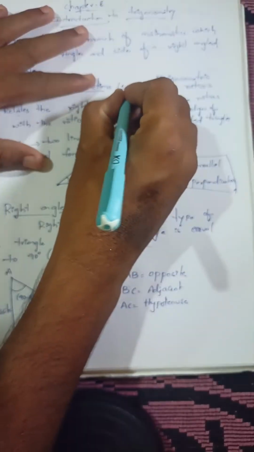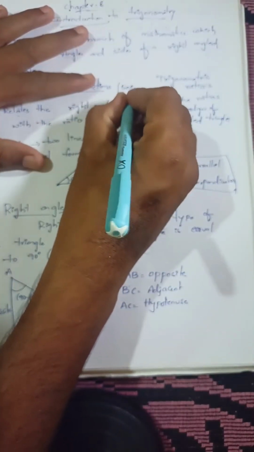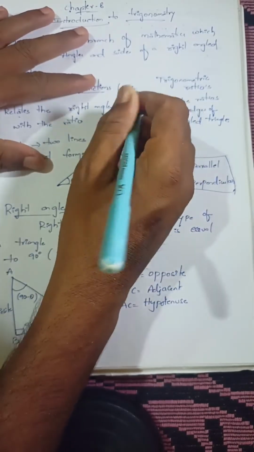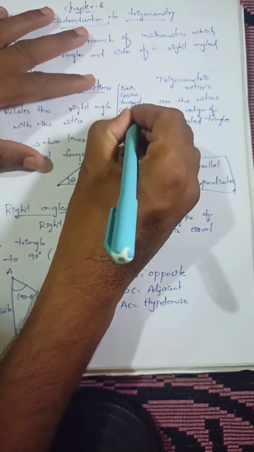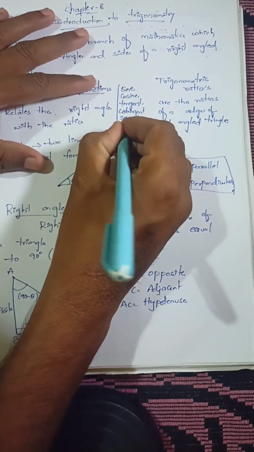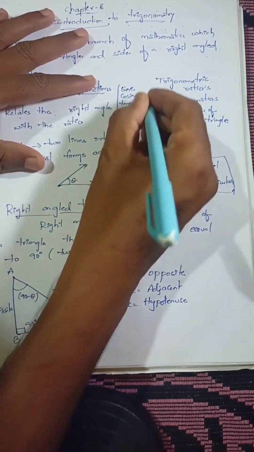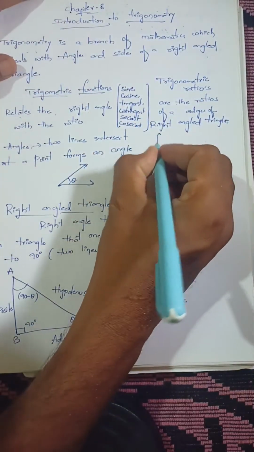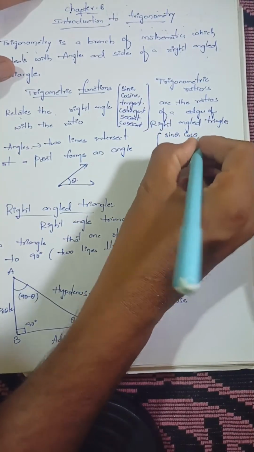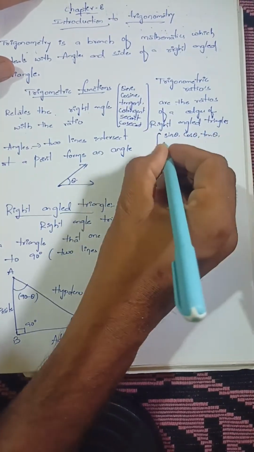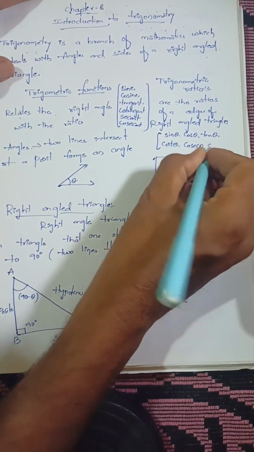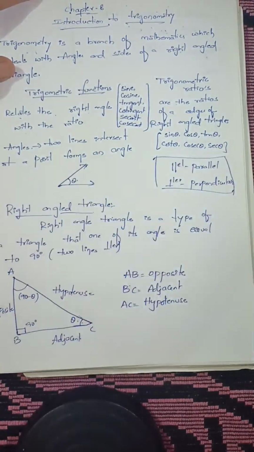See carefully, this is sine, cosine, tangent, cotangent, secant and cosecant. Here place is not sufficient, that's why I'm writing. So we are writing sine theta, cos theta, tan theta, cot theta, cosecant theta as well as secant theta.